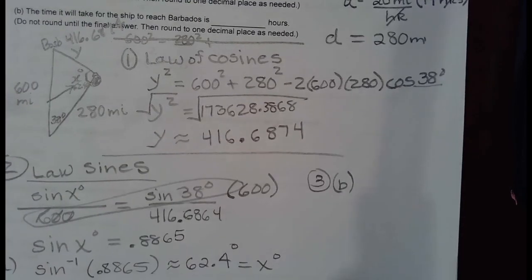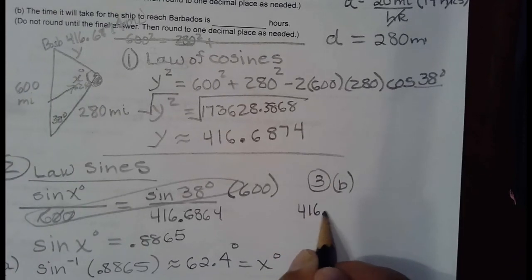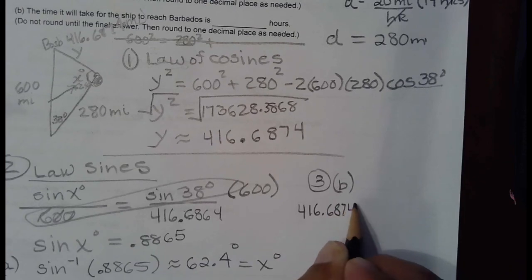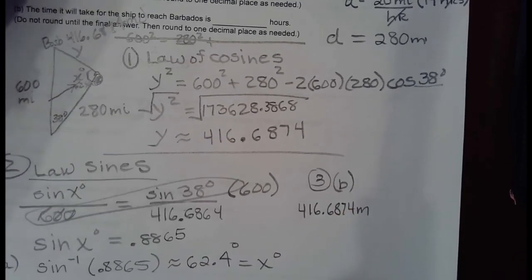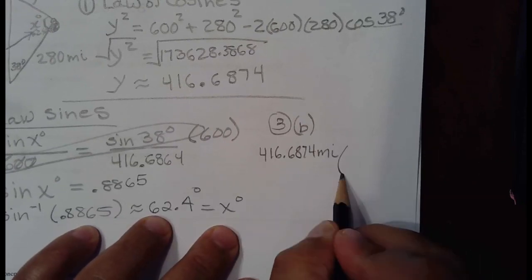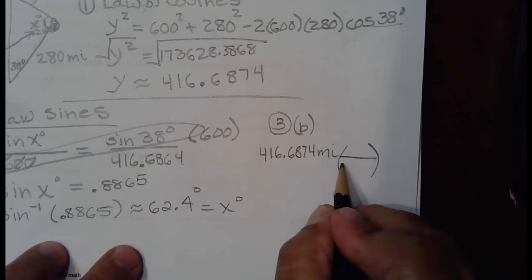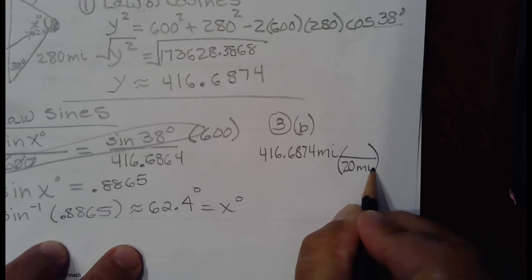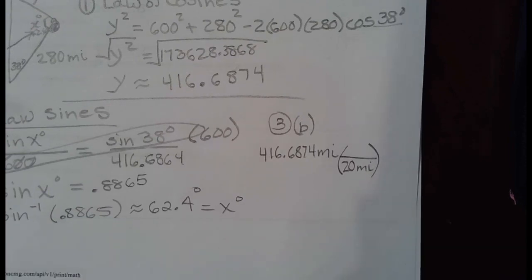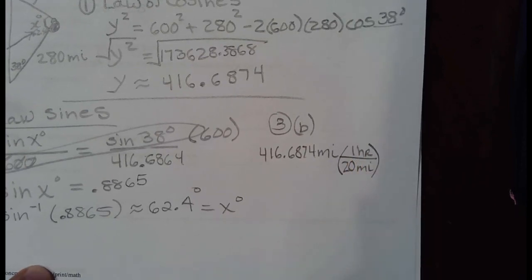I'm going to put it on the bottom. Per hour. So in order to get that second answer, it would just be top times top divided by bottom. And that will be 20.8. Miles is gone, and you're in hours now. And that would be the answer for part B.